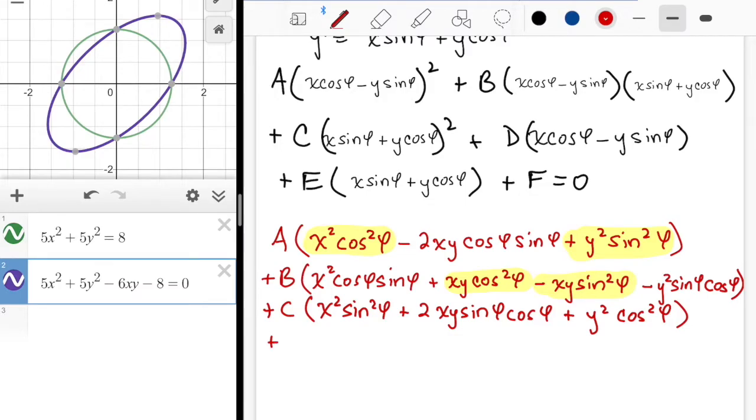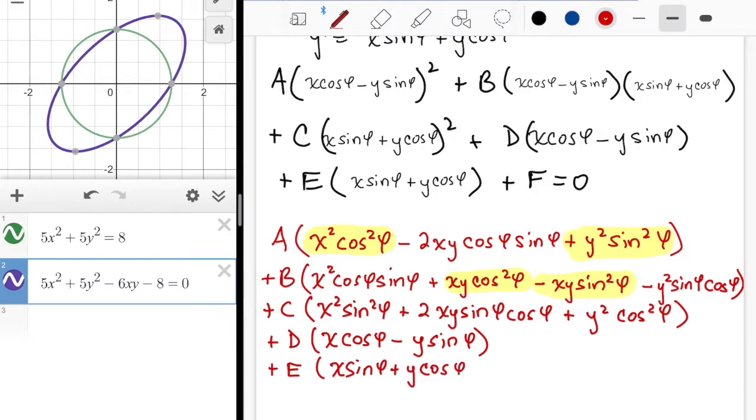Now the d, there's nothing really going on there. All right, so I got the d. Just going to keep that as is. Plus e. Plus f. And the whole thing's equal to 0.